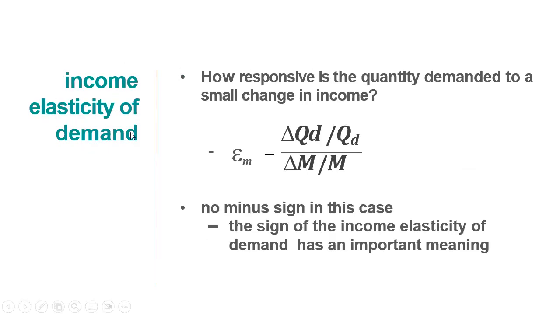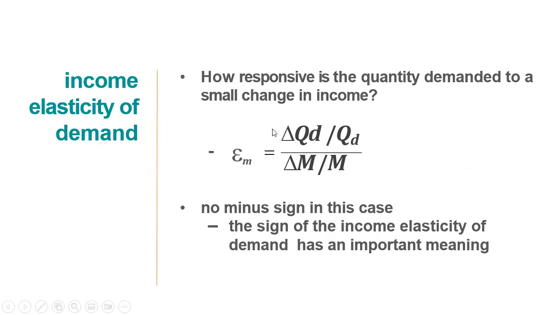And this is the income elasticity of demand. It's the relationship between the change in quantity demanded over average quantity demanded, over the change in income over average income. It represents the responsiveness of the quantity demanded to a small change in income.